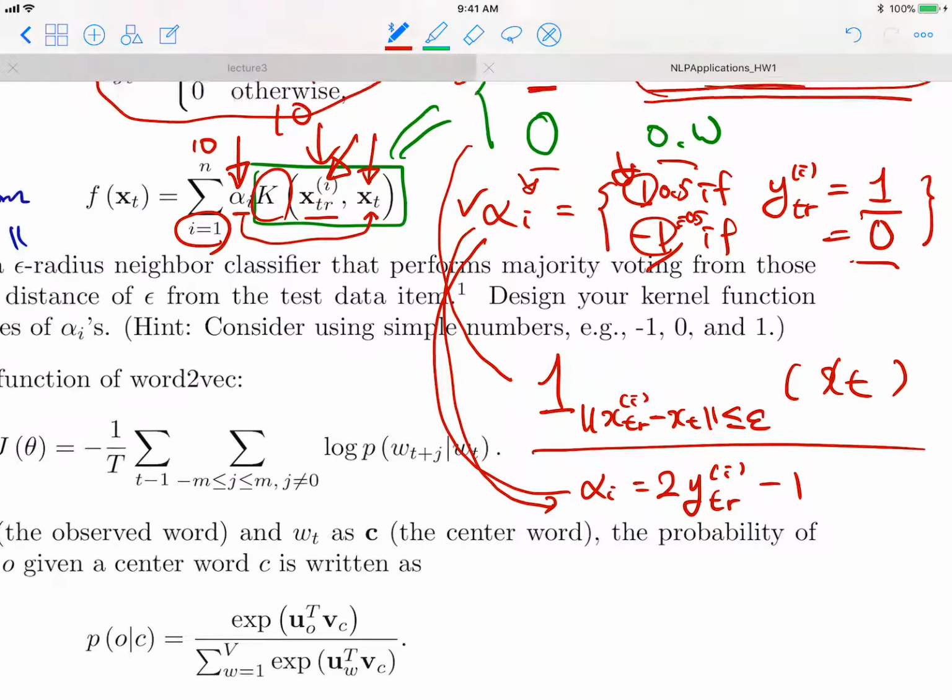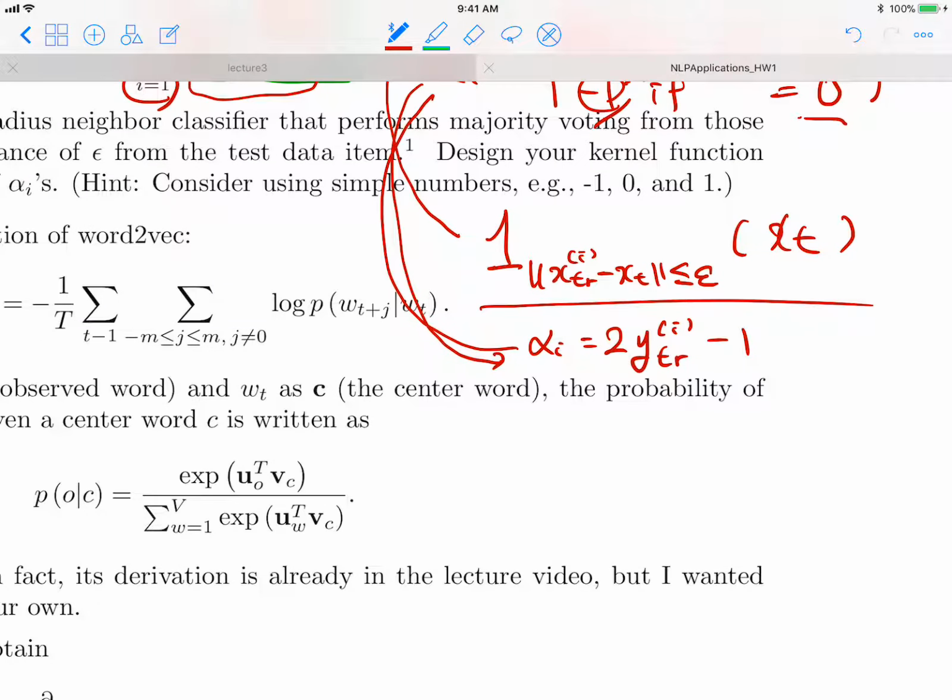Sometimes this way of representing mathematical expressions in a single form is quite crucial and very important. So when was this kind of trick also used, among the very basic classifiers that we studied?